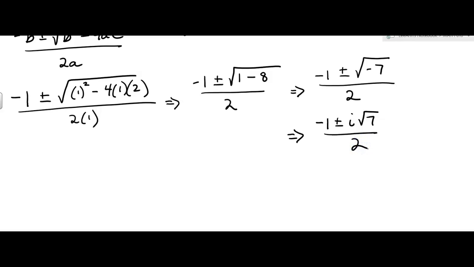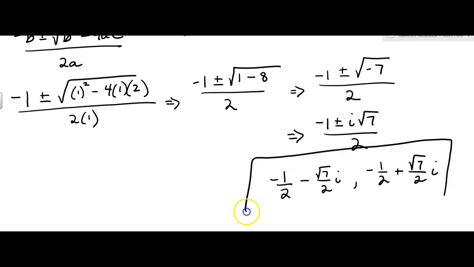Now, back in the old days when I was a kid, we would leave the answer like that. If they want the answer in a plus bi form, you can write it as negative 1 over 2, I'll do the minus case, minus the square root of 7 over 2 i, and negative 1 over 2 plus the square root of 7 over 2 i.